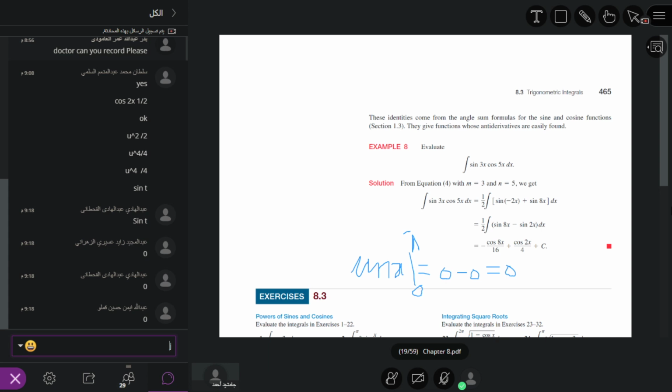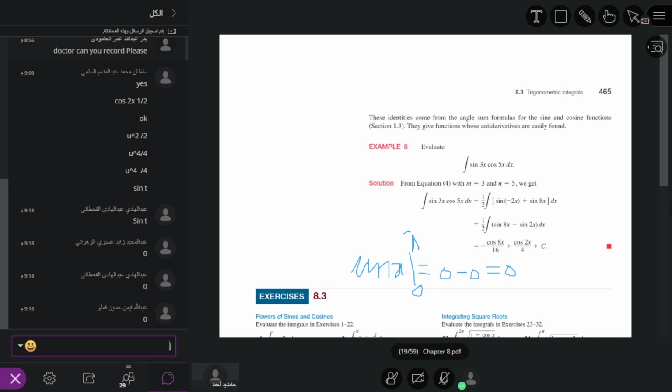We solve it by the substitution method. So we have 1 plus u square into u square du, because the derivative of tan is sec square.